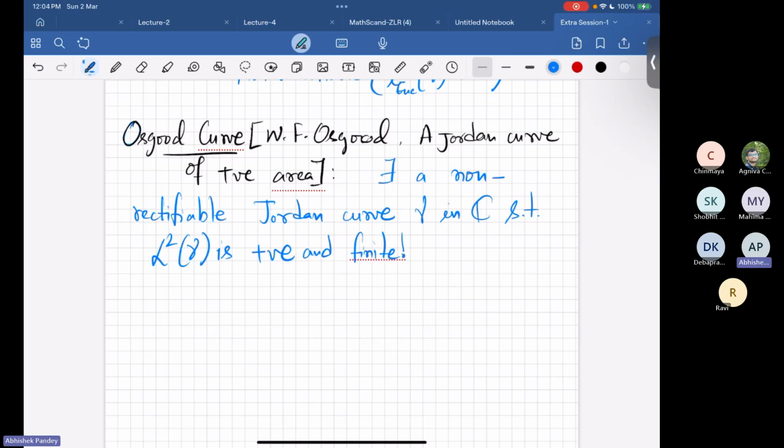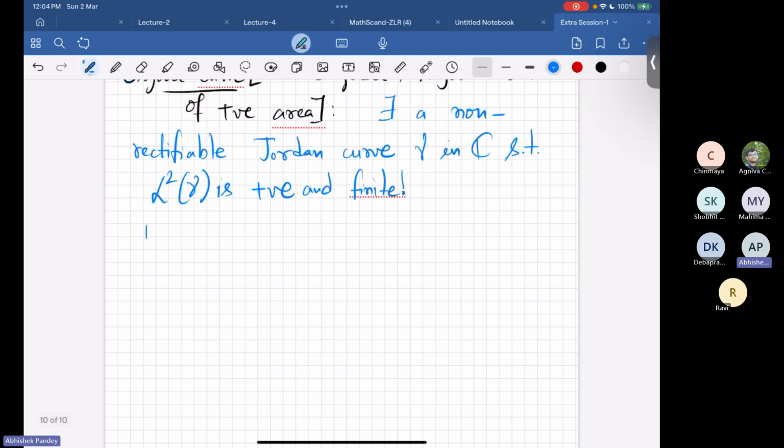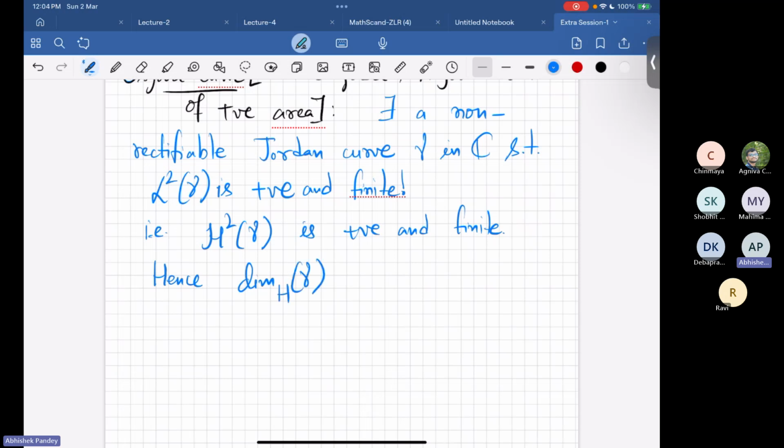So what does it mean? It means that the two-dimensional Hausdorff measure of this curve gamma is positive and finite, and this says that the Hausdorff dimension of this curve gamma is 2.